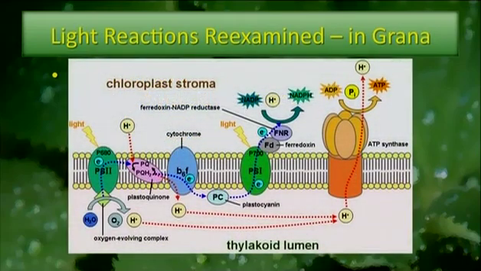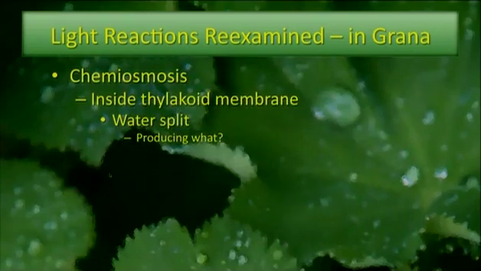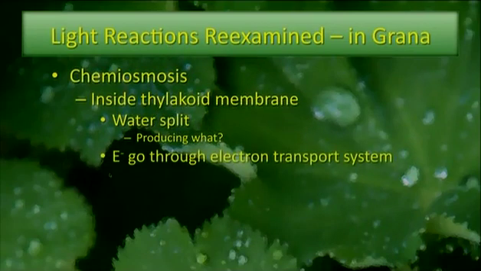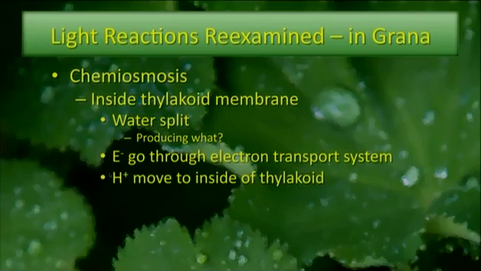Then electrons go through an electron transport system, like we just showed in the illustration. The hydrogen ions move to the inside of the thylakoid, into the lumen, and accumulate, forming a proton gradient.